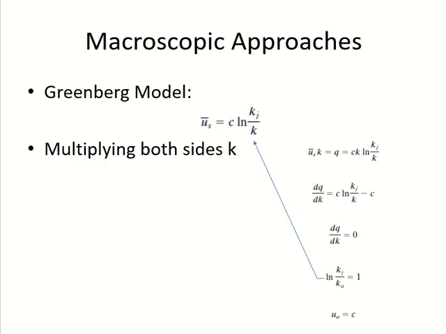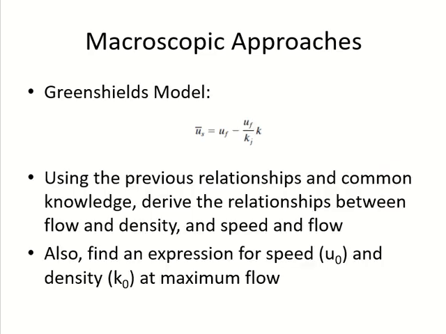Now, if you look at this model, this model is for us, right? What was us? Space mean speed. So this model is for space mean speed, and this model is also for the same. Will both of them give the same answer?